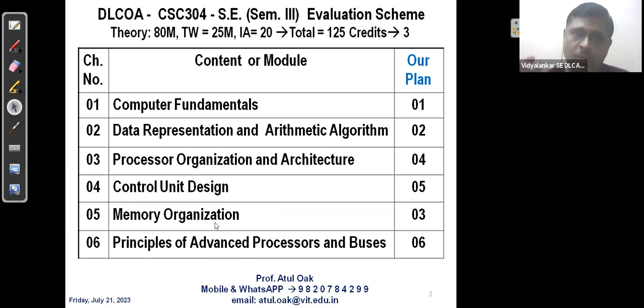Because that concept we need in module 3 and 4. So our plan is 1, 2, then module 5, module 3, module 4, and module 6. Okay, so this is the way we will be completing all 6 modules of your subject.